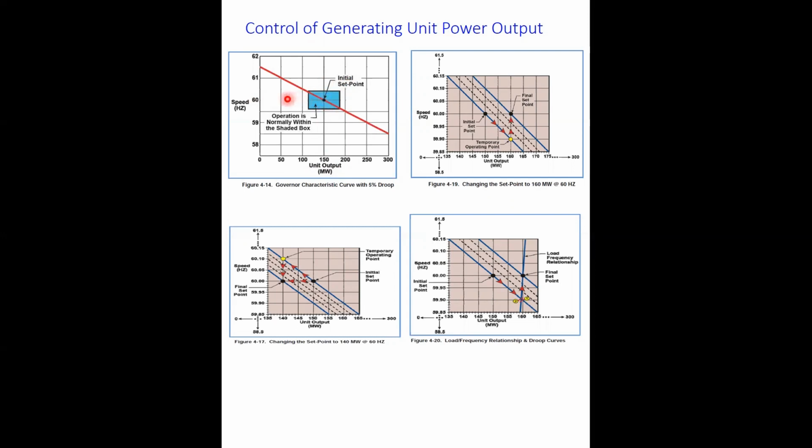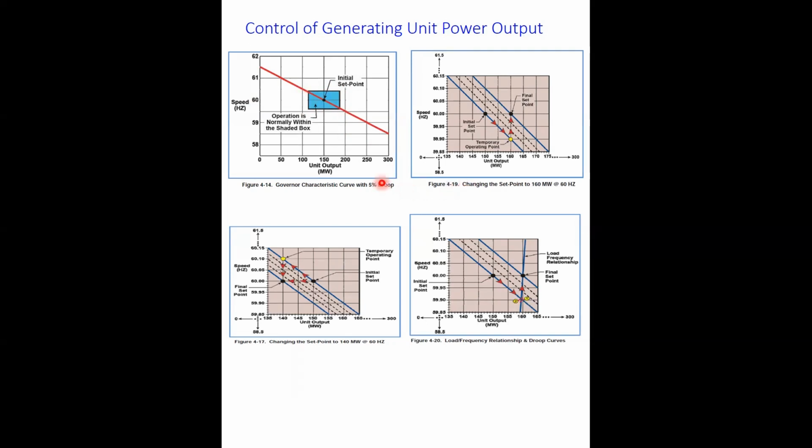So initial set point 60 hertz gives you 150 megawatt, and let's say that this characteristic can be shifted upward or maybe downward on this side, and then you have an area defined, a rectangular area. So between this range you will have the operation of the generator, and thus the operating point. The operating point can lie within this range, within this shaded area.